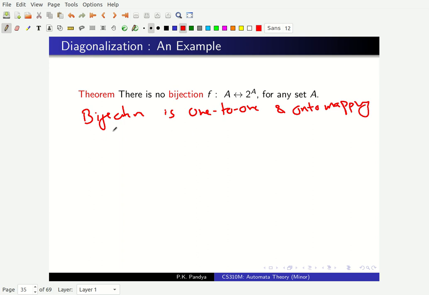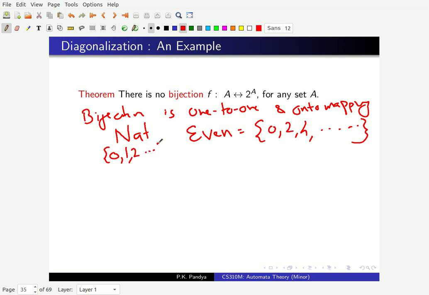This is a bijection. So let me give you an example. Suppose you have the set of natural numbers and the set of even natural numbers. So even will contain what? 0, 2, 4, etc. Right? And natural numbers contains, of course, 0, 1, 2, etc. Right? Now we say that there exists a bijection between nat and even, to go from nat to even, right?